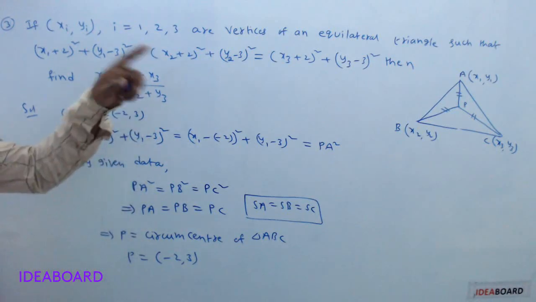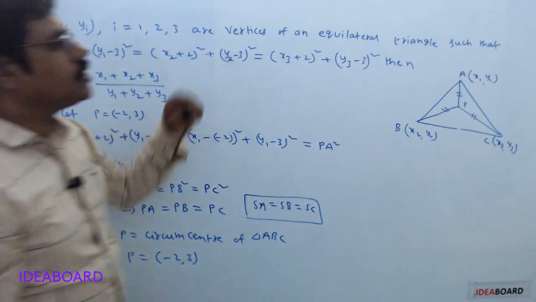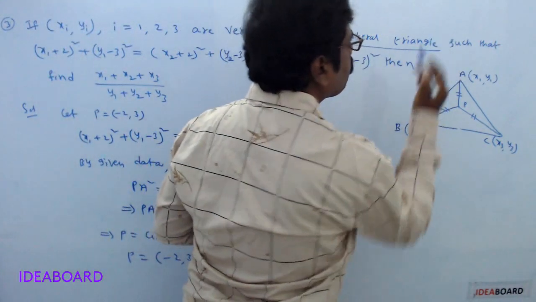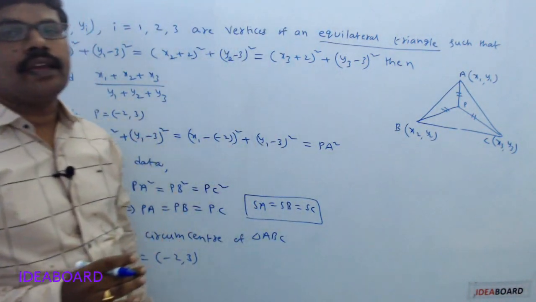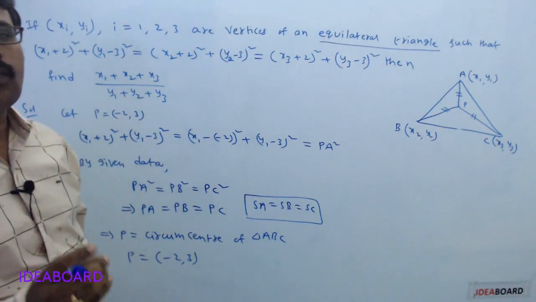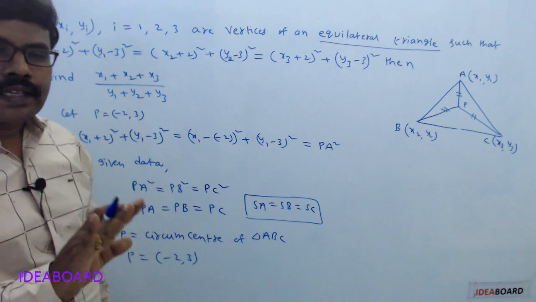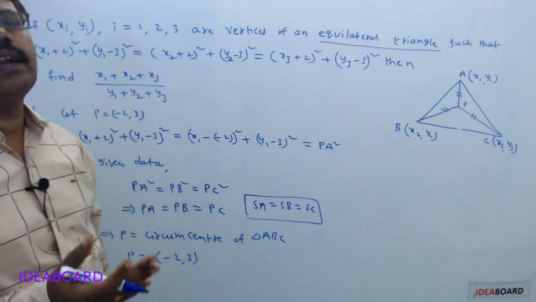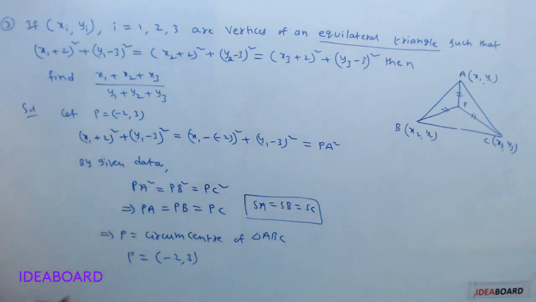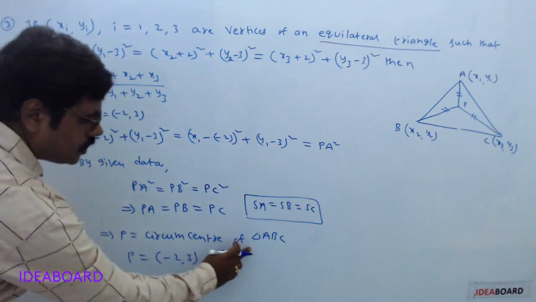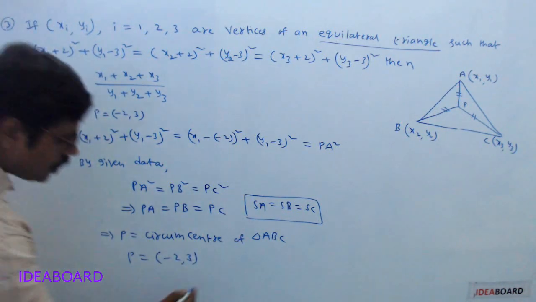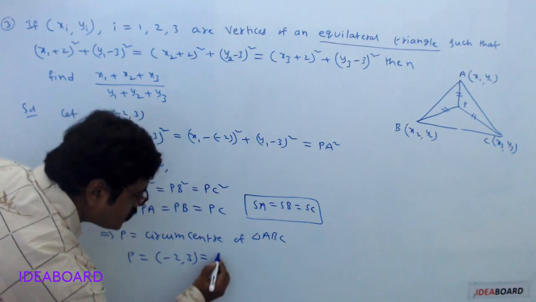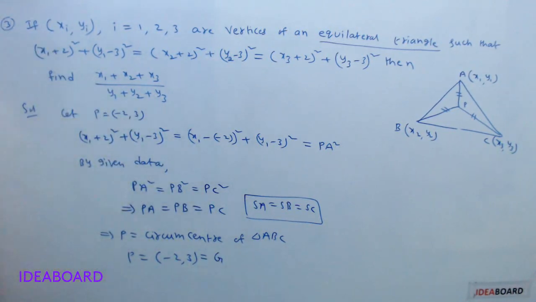Now here, which type of triangle? Our triangle is an equilateral triangle. In an equilateral triangle, all centers coincide. So the circumcenter is the same as the centroid. So this point P is the circumcenter of triangle ABC, which is the same as the centroid of triangle ABC.